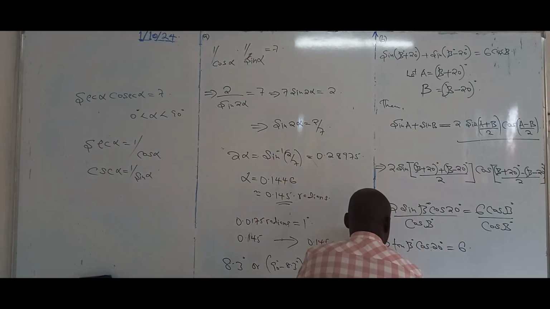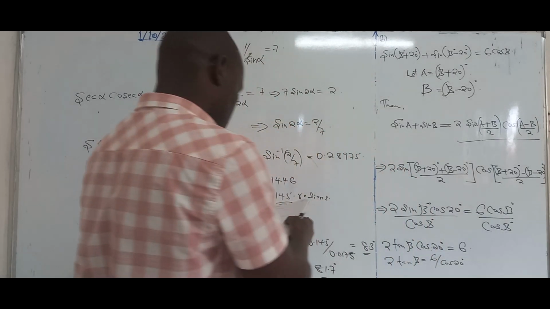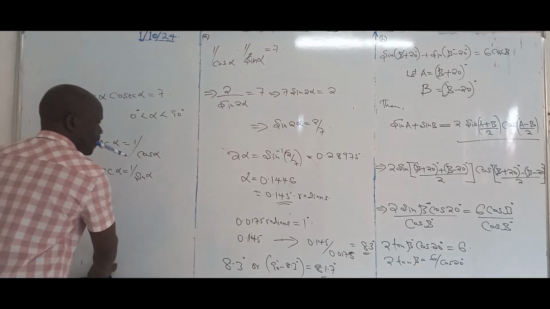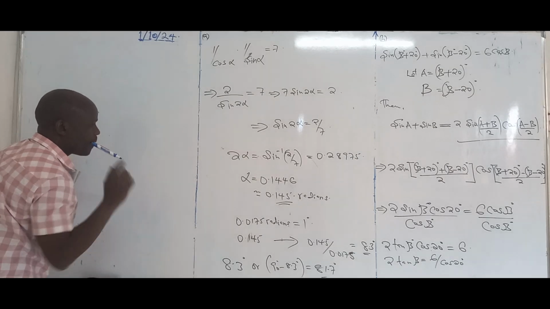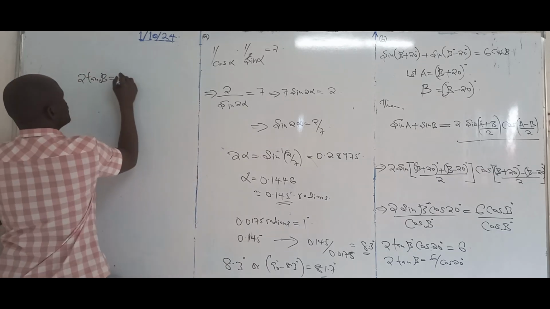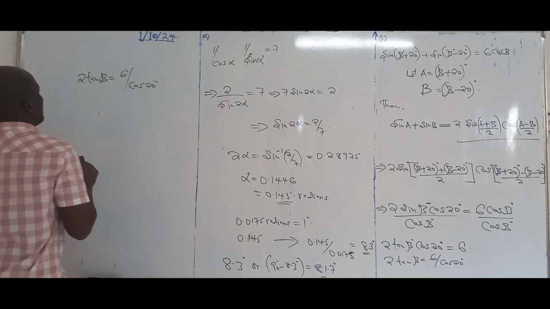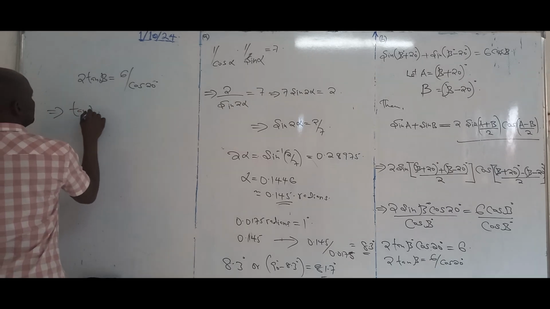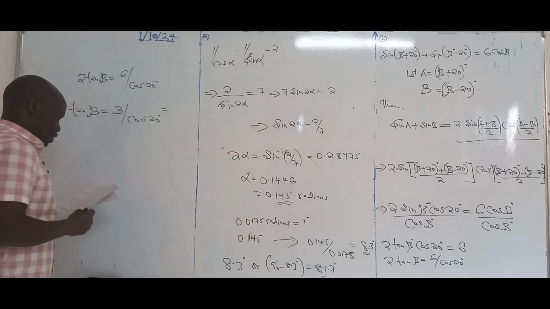So 2 tan beta should be equal to 6 over cos 20 degrees, implying that tan of beta is 3 over cos 20 degrees.